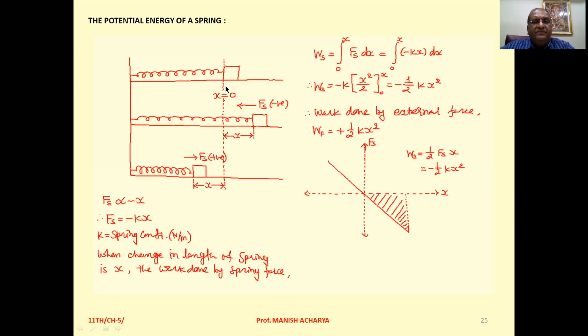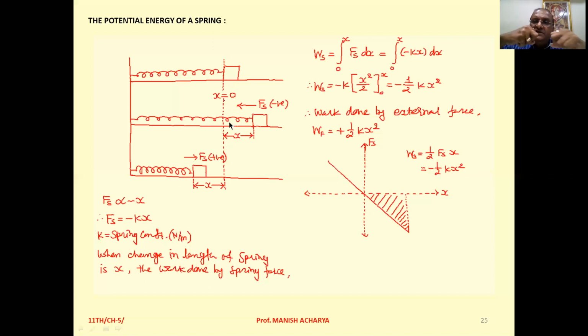Now see, from its normal position, here one end is attached at the rigid support, another end is attached with a simple object. Now when spring is in normal condition, this particular position we say is x equal to 0. Now suppose the length of the spring is increased by x.